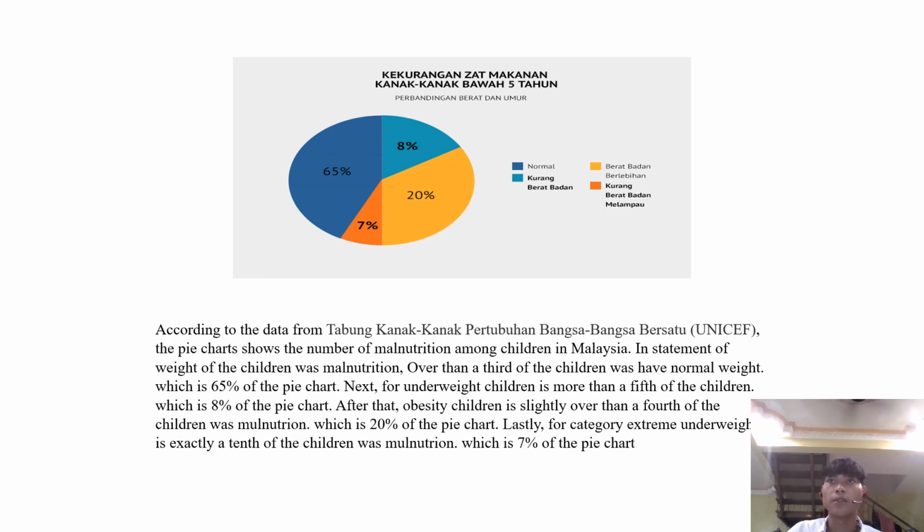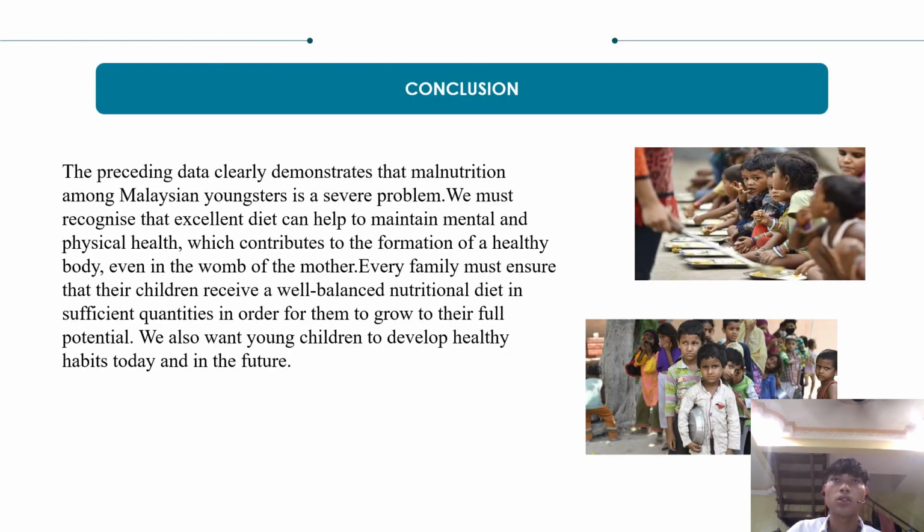So, the conclusion of the presentation: the preceding data clearly demonstrate that malnutrition among Malaysian youngsters is a serious problem. We must recognize that an excellent diet can help to maintain mental and physical health, which contributes to the formation of a healthy body even in the womb of the mother.